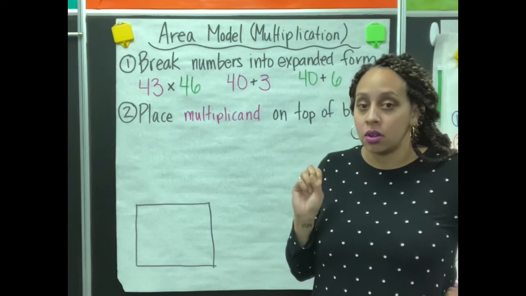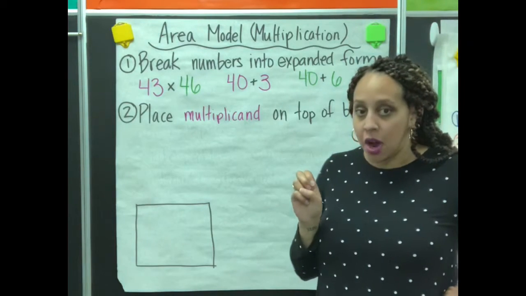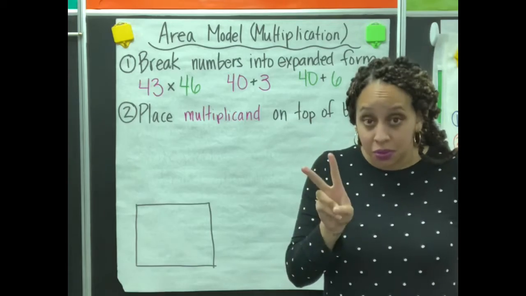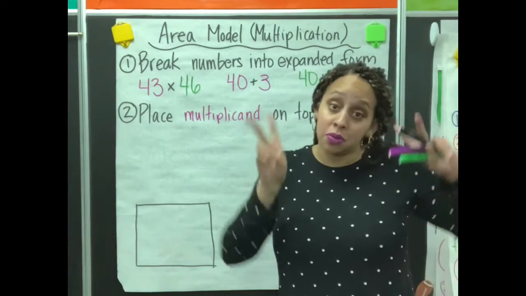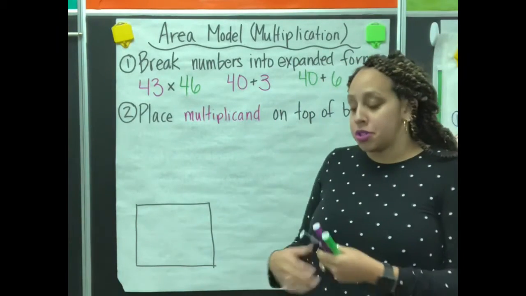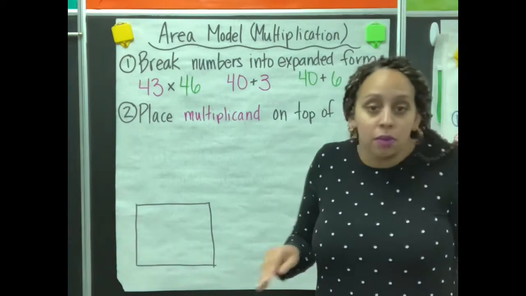There are 2. How many digits are in the multiplier? There are 2. Therefore, what is 2 times 2? It is 4. That means in my big box, there are going to be 4 smaller boxes.